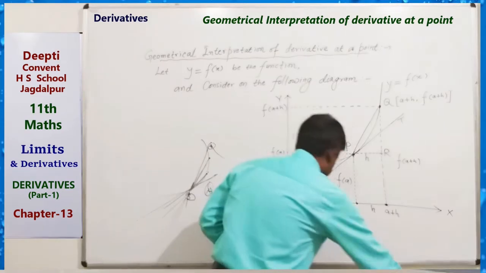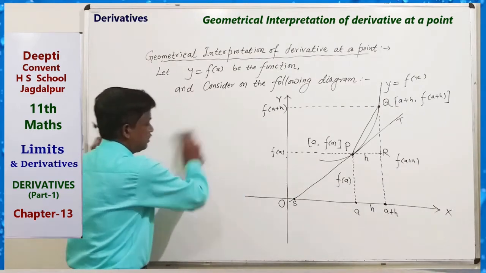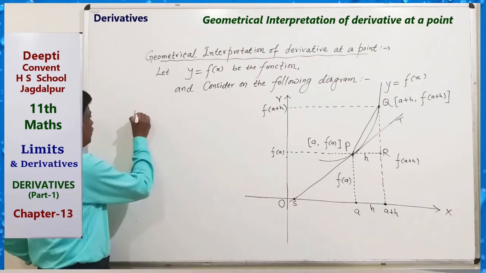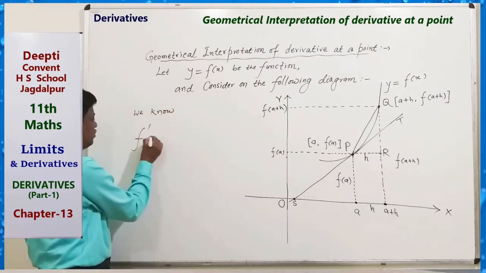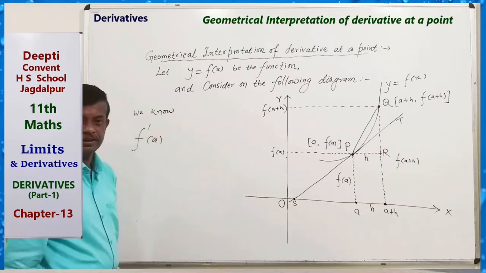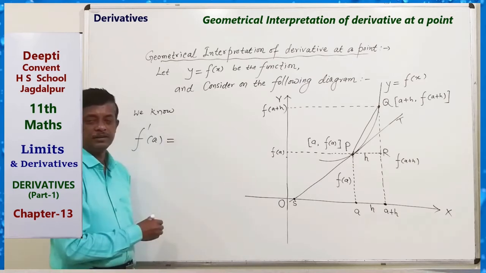Now, we know the definition of derivative. Just see. We know the derivative of f at point A is equal to what?